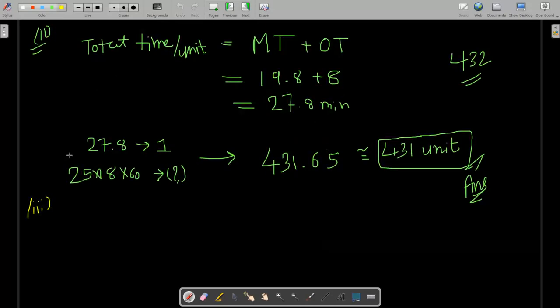So the total time: the machining time is regular, 22 minutes, not affected. Now the operator time is 10 minutes. So the total time is 32 minutes.